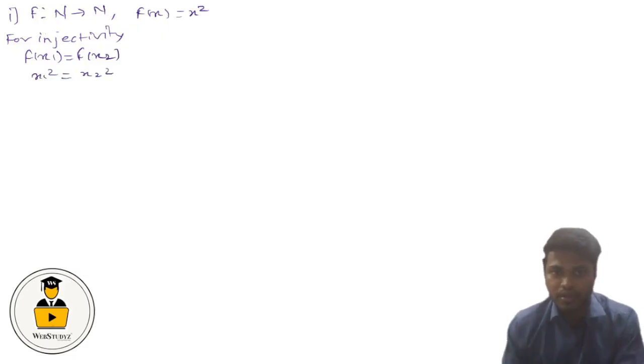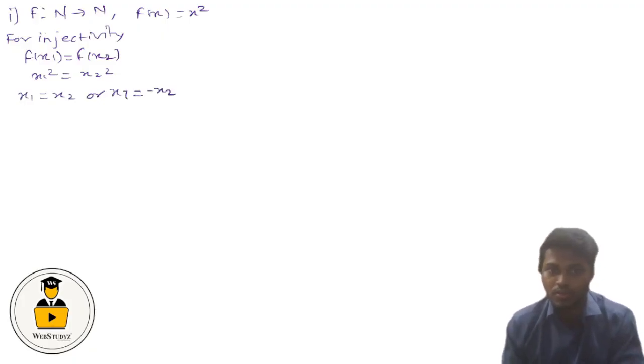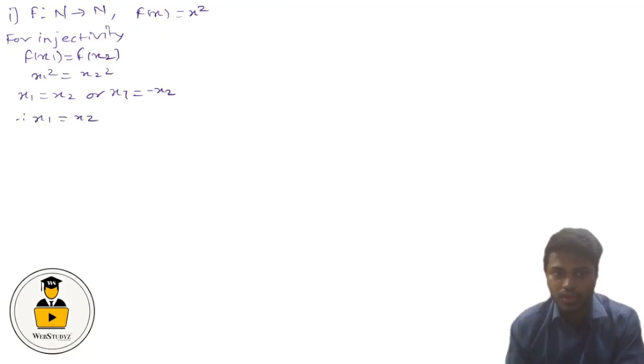Now if we take the square root on both sides, we will get either x1 equals x2 or x1 equals minus x2. Since our domain is the natural numbers, which are positive, x1 and x2 will be positive. Therefore we will get x1 equals x2. Since we are getting this condition, we can say that f is injective.